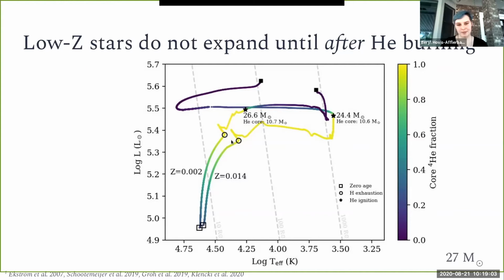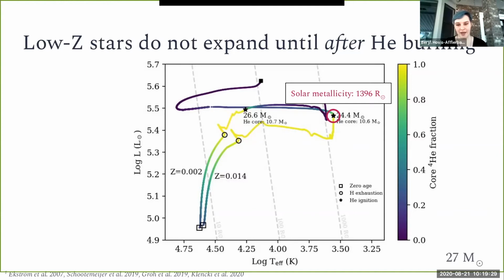Both stars spend about 90% of their lifetimes on the main sequence, but it's when they evolve off the main sequence that their evolution starts to differ. The solar metallicity star expands significantly to more than 1,000 solar radii before it begins burning helium in its core, when about 10% of its lifetime still remains.